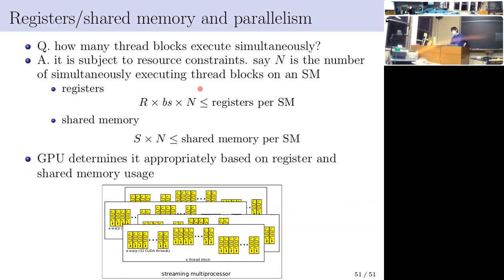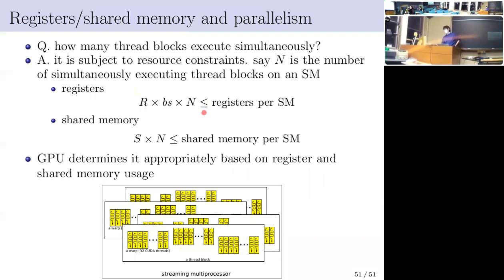In order to execute this many thread blocks, the streaming multiprocessor has this number of registers alive while they are executing, right? And this number must be equal to or less than the number of registers per streaming multiprocessor.